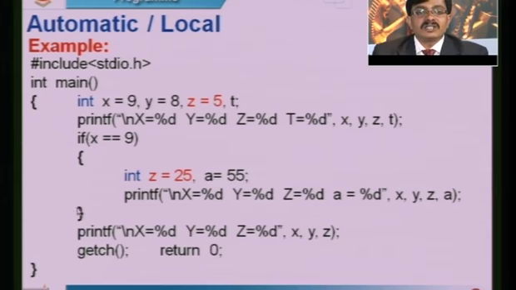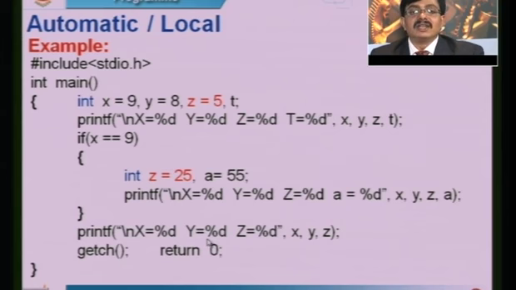Now when I come out of this block, z will get the original value 5, because the z declared locally within the if block dies. The z and a will not have scope once I come out of this if block. If I try to print a in a printf statement here, a will not have any reference.